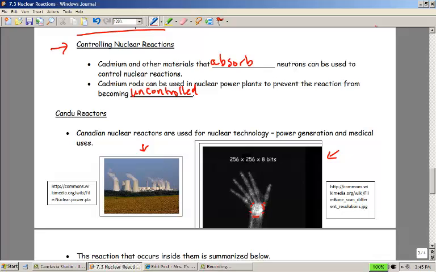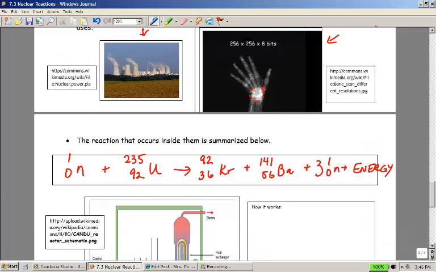Basically the idea is that wherever this material accumulates is an area of a lot of activity, and it could mean that there's a bone that's healing, maybe a broken bone, or it could mean that there's arthritis in this area, or it could also mean that there's a lot of cell activity due to cancer. The reaction that takes place in Canadian nuclear power plants is summarized below, and it should look familiar because it's the one we just looked at above.